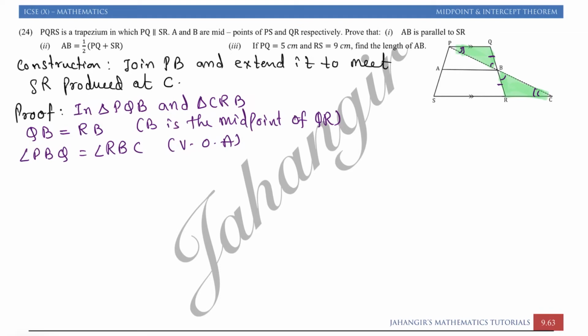And third part we can take alternate angle. You can take any alternate angle, even you can take PQB, then CRB. Once you are taking another alternate angle, congruency test will change. There you will get angle side angle. Here I am getting angle side. So I can take angle QPB is equal to angle RCB, alternate angle.